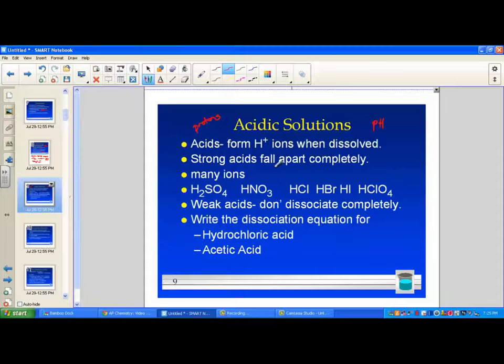When strong acids are placed into water, strong acids indeed mean 100% dissociate. And when they do dissociate 100%, they will release their ions. Weak acids do not dissociate completely.